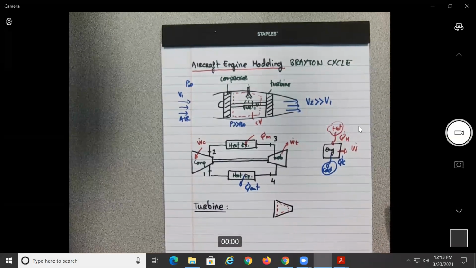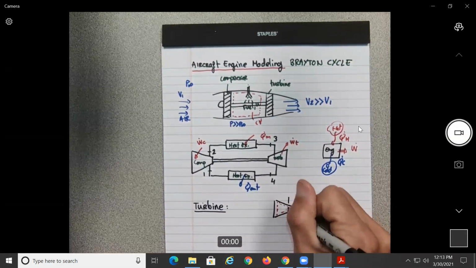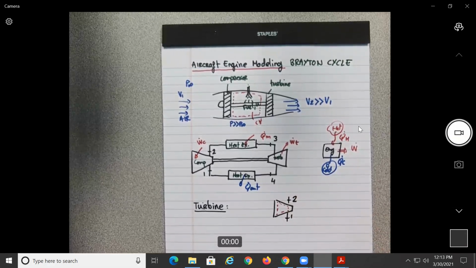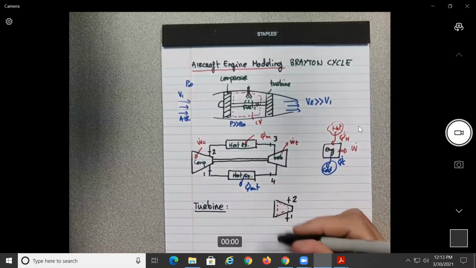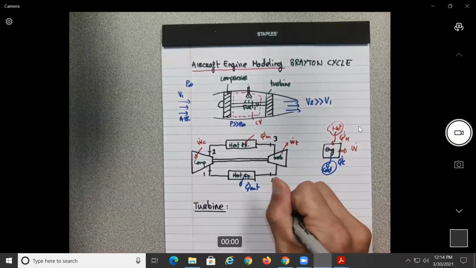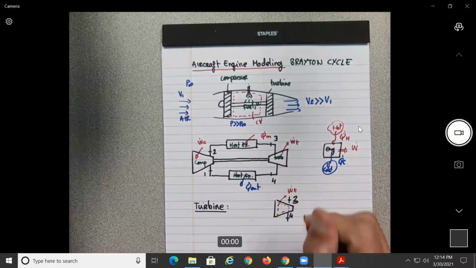We know this is between 3 and 4. So this is 4, and this is 3.